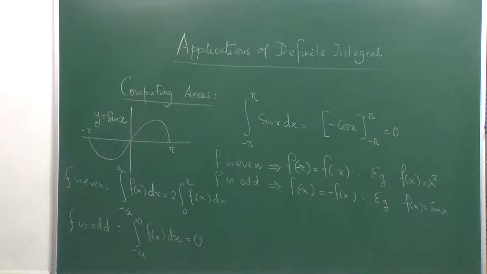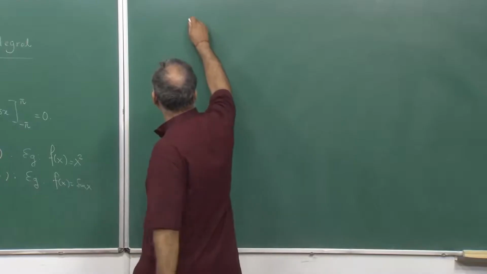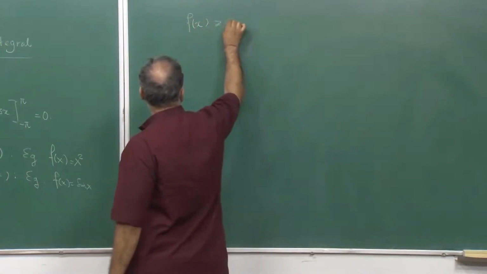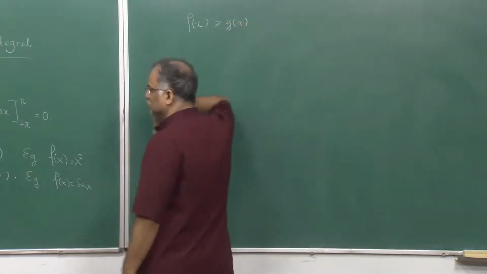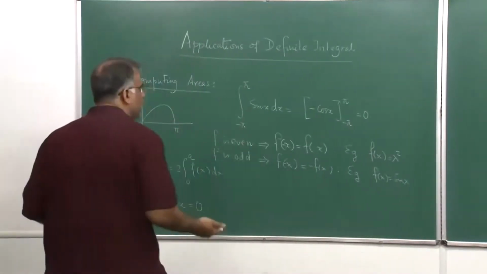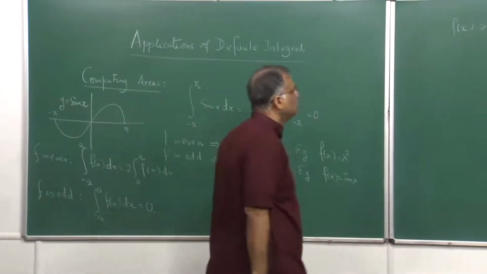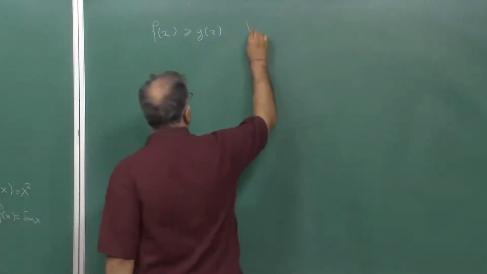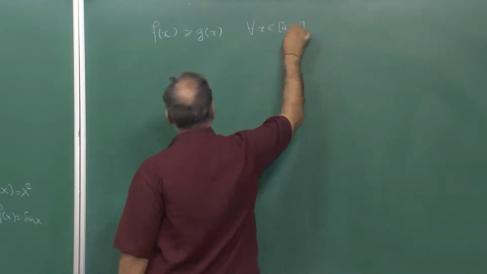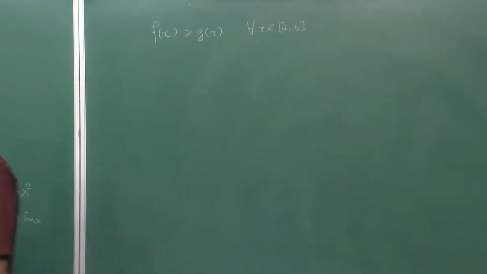Another very typical situation arises when you have to look into the area between two curves. For example, if you have two curves f x and g x with the relation that f x is greater than g x at least on the given interval of integration, that is for all x in A B, what is the area between the two curves between A and B?